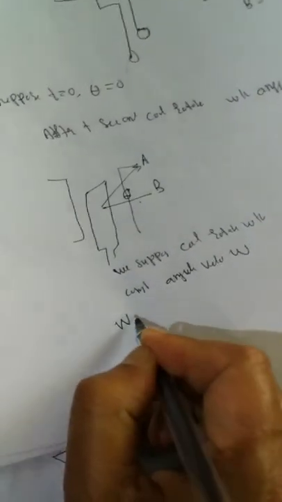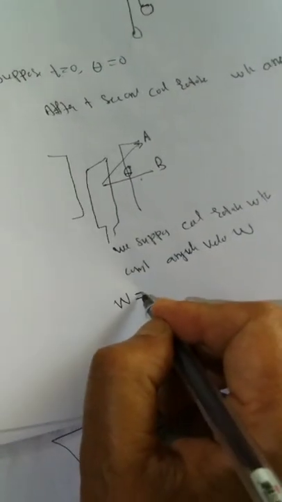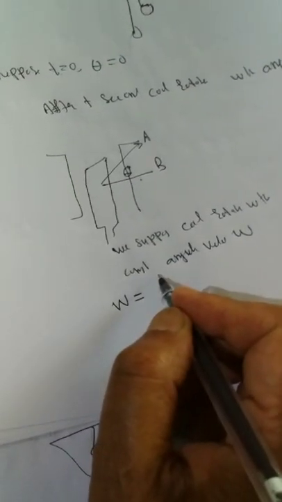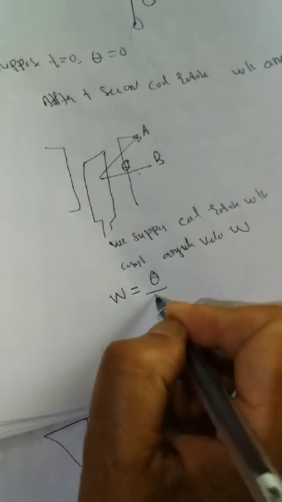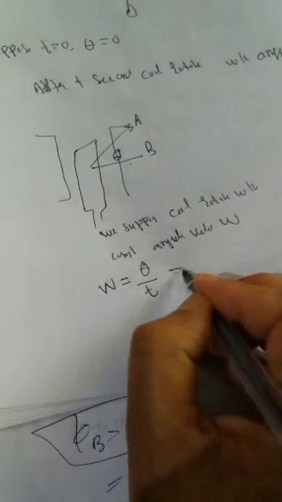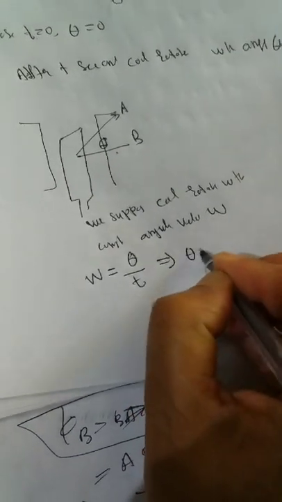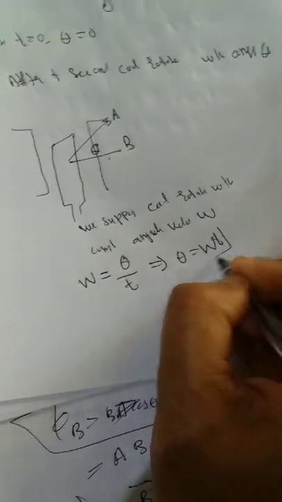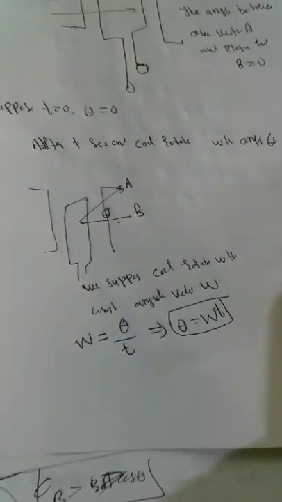You know that omega is the rate of change of angle swept by a body with respect to time. For constant angular velocity, theta is equal to omega t, that is, omega is equal to theta by t. You know this from the previous class also.